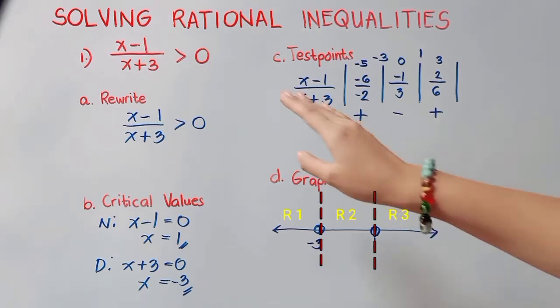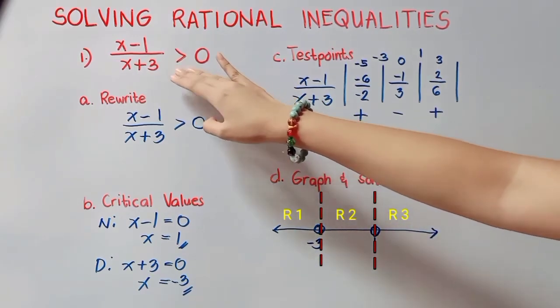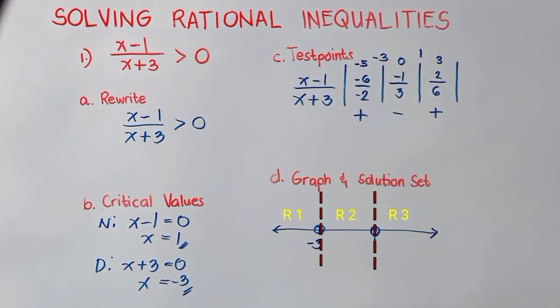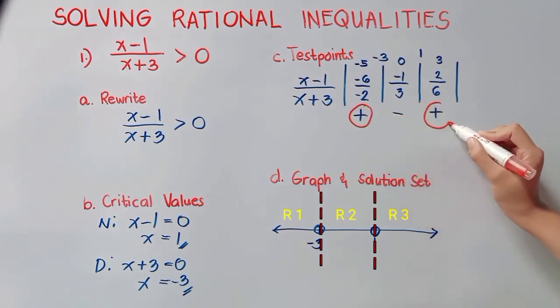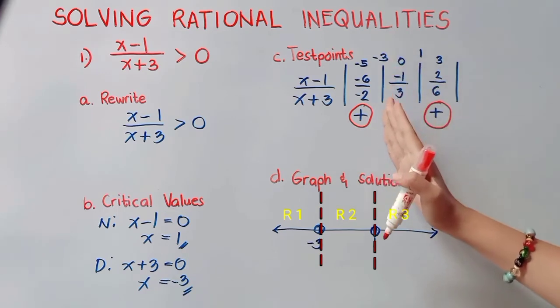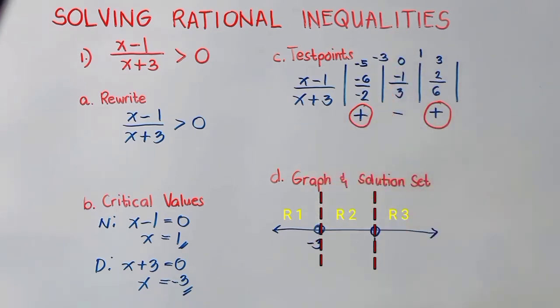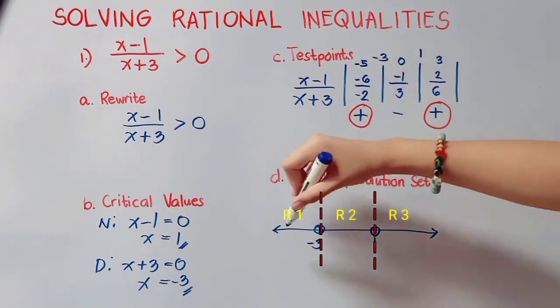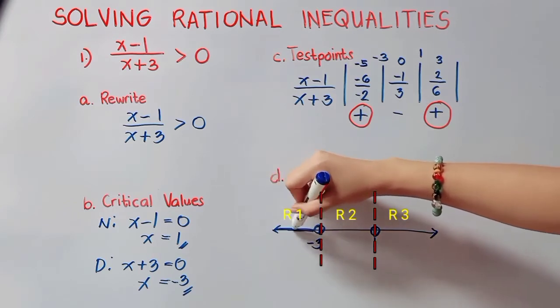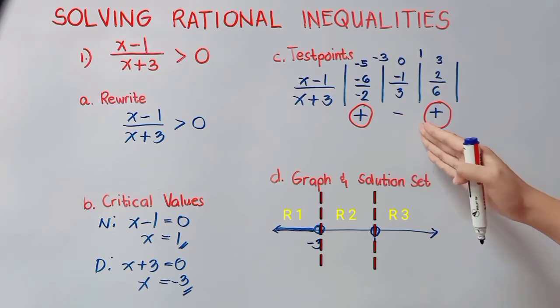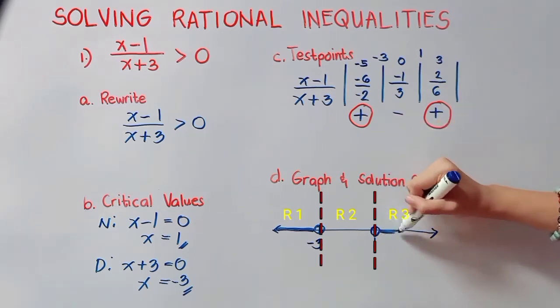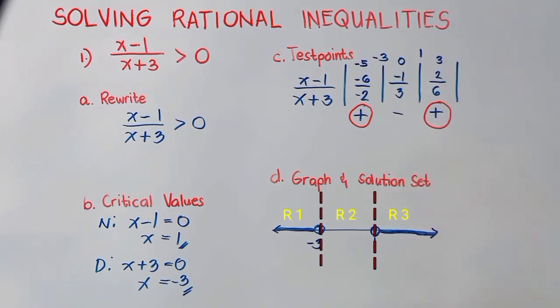Now going back to our given, we are to get the values that are greater than 0. Therefore, we are looking for positive values. So our solution are region 1 and region 3. So we will simply shade region 1 and region 3, and this will be our graph.